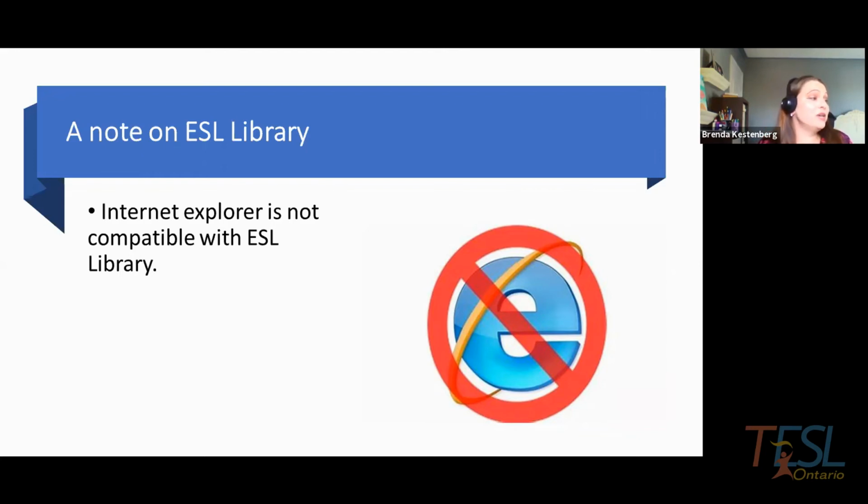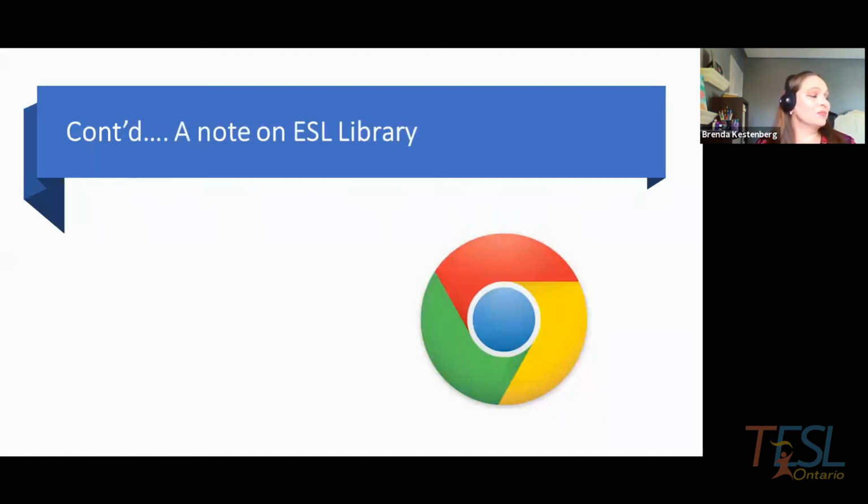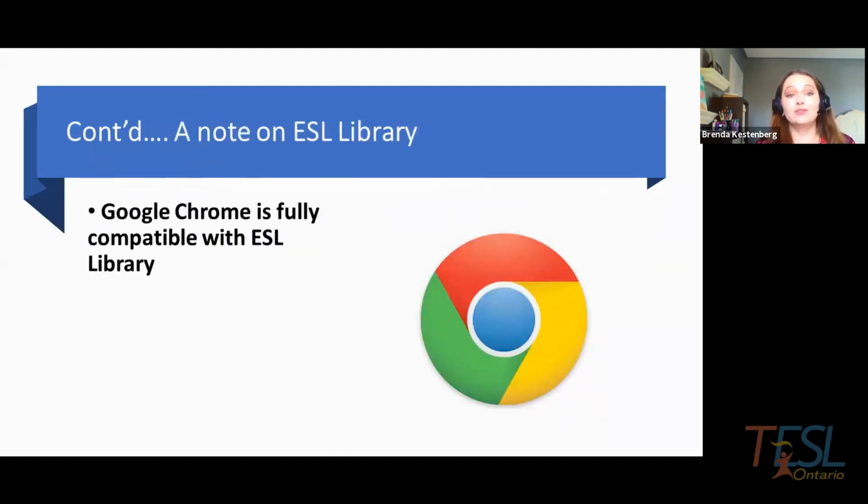And showing them a picture of the Internet Explorer on the right is very helpful, but to really get my point across, I like to point to the Internet Explorer icon and say, no, no, no. And then we know that Google Chrome is fully compatible with ESL Library. So I like to show them the picture, point to it, and say, yes, yes, yes.